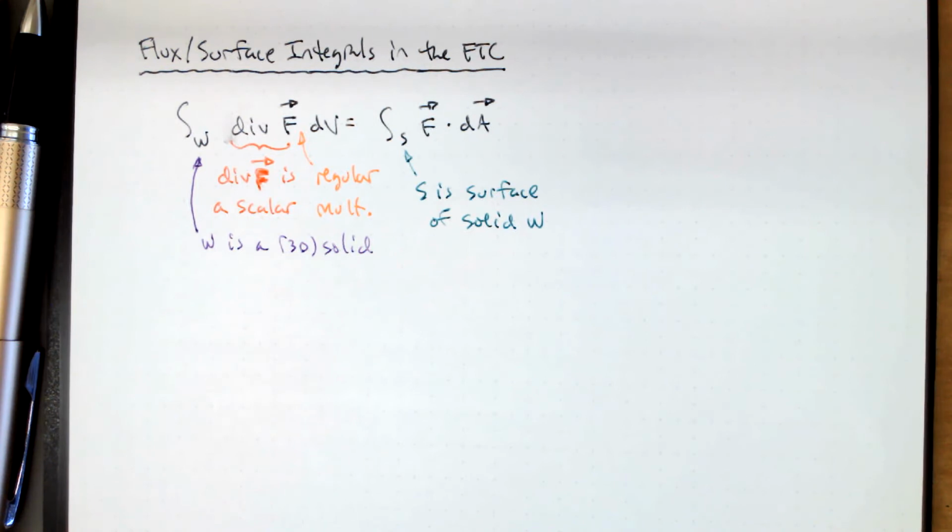So at every little chunk of the solid W, we're going to assume that the divergence of the vector field is constant so that we can multiply. Same thinking that we always apply in an integral. We make things constant over some small piece.